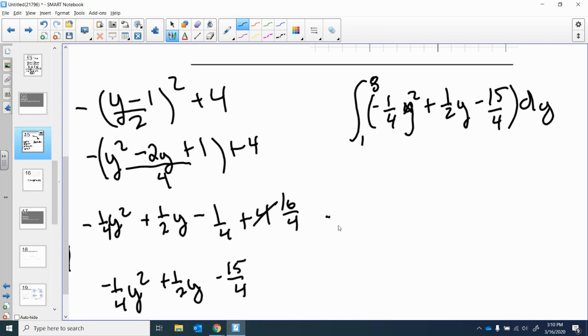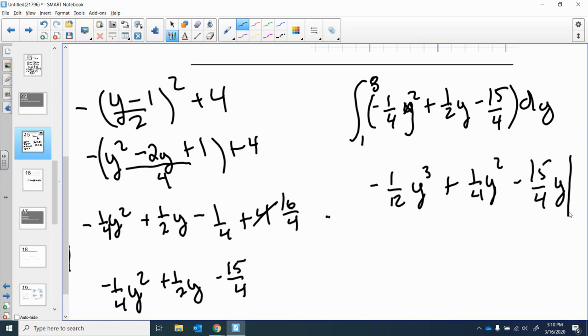So this is just going to be the reverse power rule here. It's going to be negative 1/12 y cubed plus 1/4 y squared plus 15/4 y, and I'm going to do that on the interval 1 to 8.